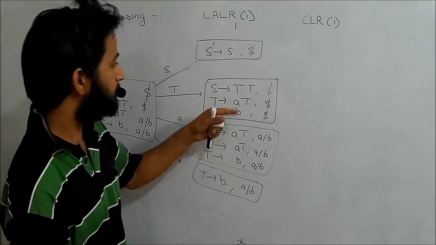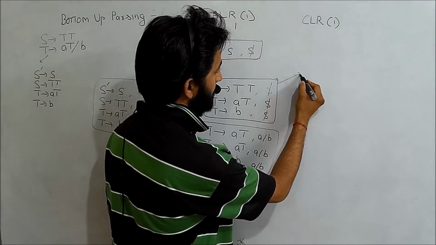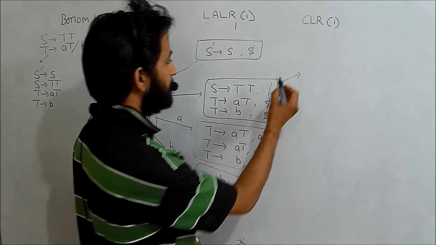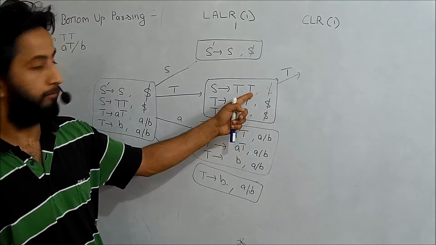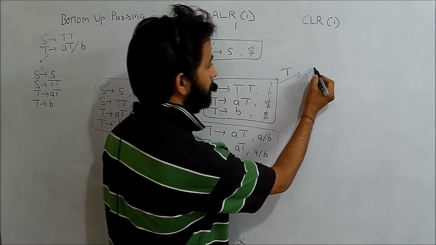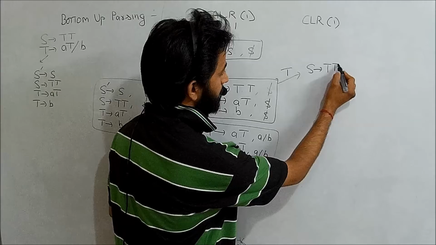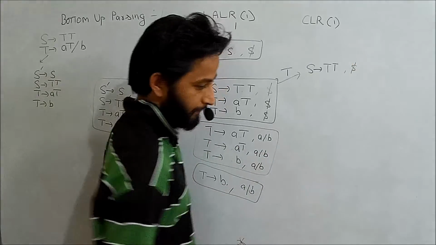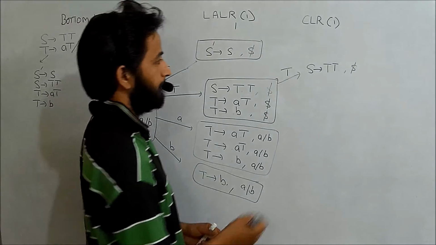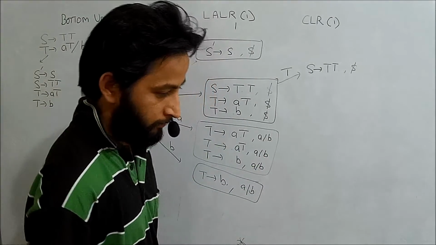So now I will check for here. Okay, so when I move the dot to the right hand side of this variable, it will become S derives TT and dot, and look ahead will be dollar. Okay, so this is the final item.